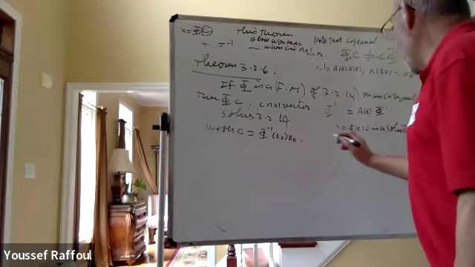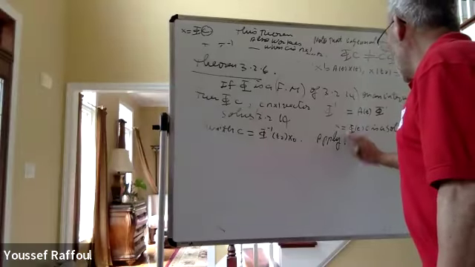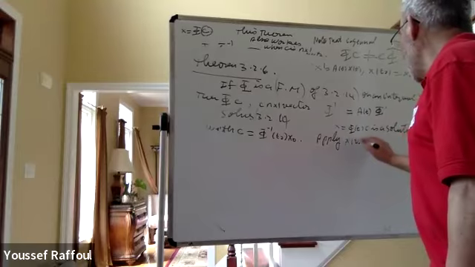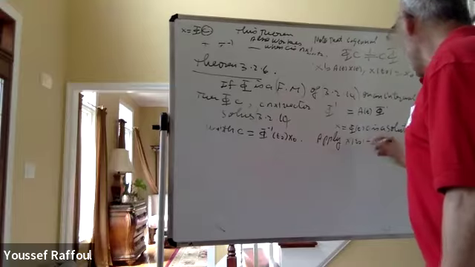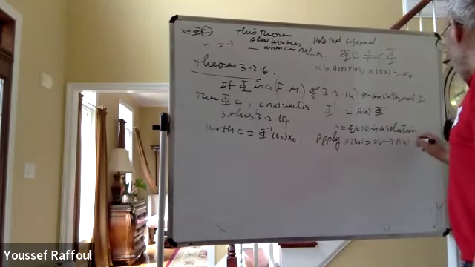Now let's apply x(t naught) equal x naught. Remember, x naught is a vector, an n by 1 vector.